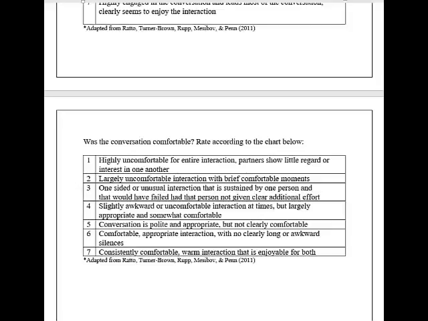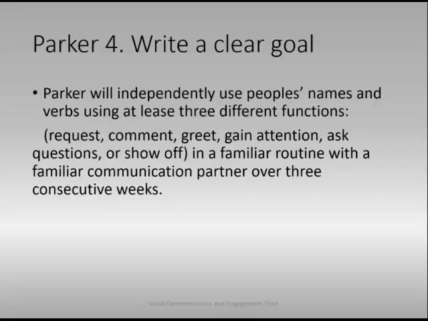And when we look at whether or not the conversation was consistently comfortable and enjoyable for both partners, that's really true success. And we had already said that for Amy, a balanced, comfortable conversation would be a really meaningful goal.